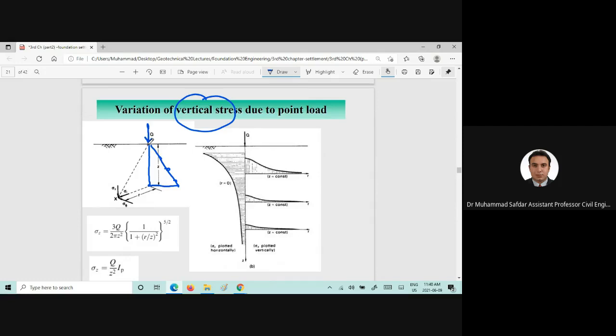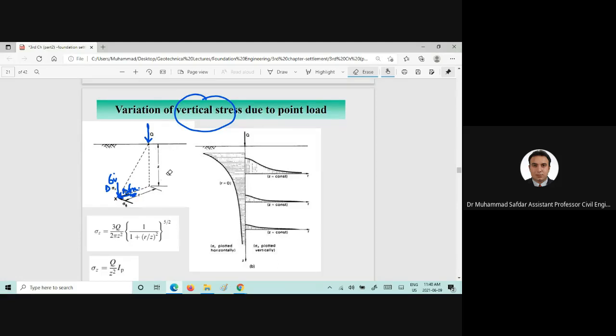But when the load is applied, and you are asked to find out the stress increase, I would call that delta sigma Z or delta sigma V, and here is the delta sigma X. Okay, so in our previous lectures or in Geotech 2, our focus was on the sigma naught or the overburden pressures.